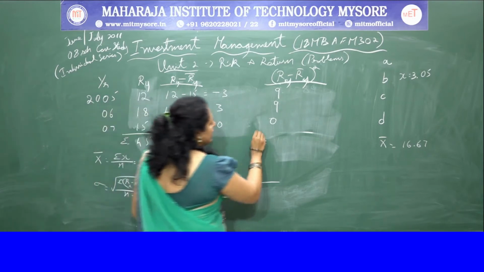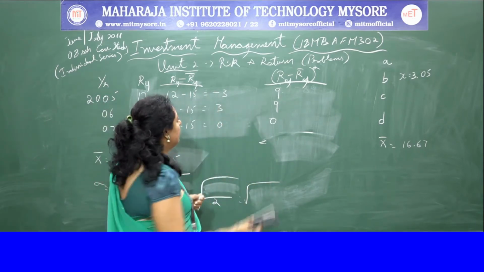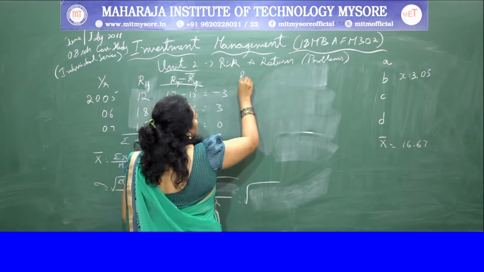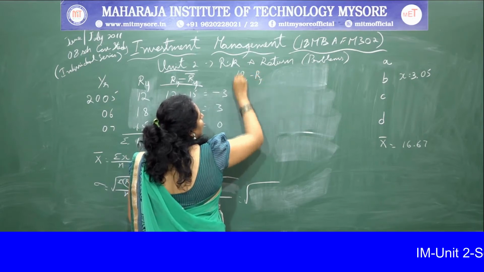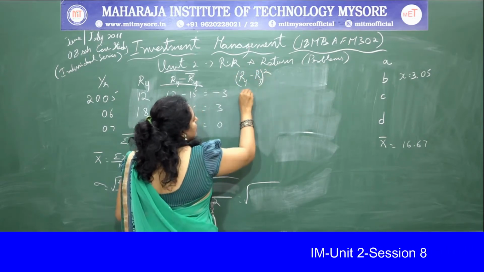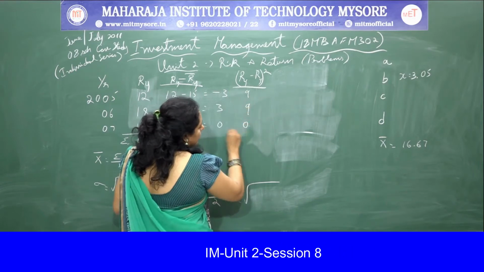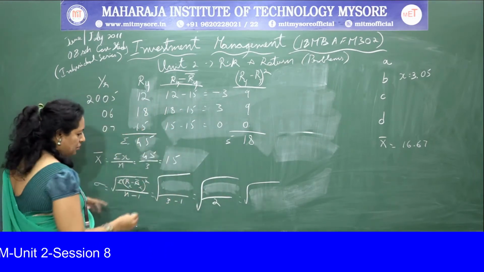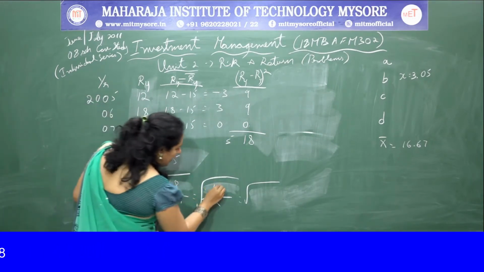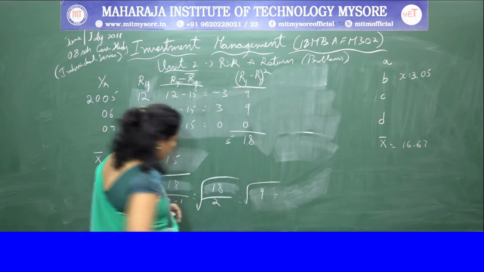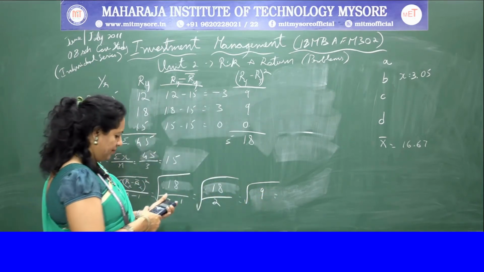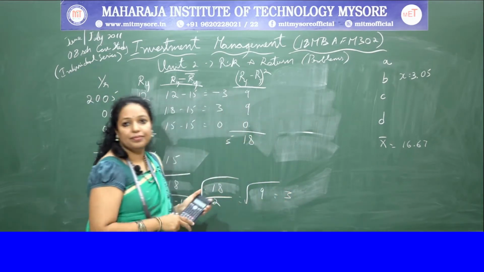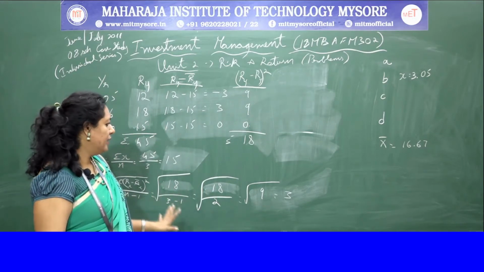We are going to add that. Let's put our column here nearby: Ry minus Ry bar squared. So it's 9, 9 and 0, that sigma is 18. So we'll place 18 here. The root of 9, you all know it, is 3.